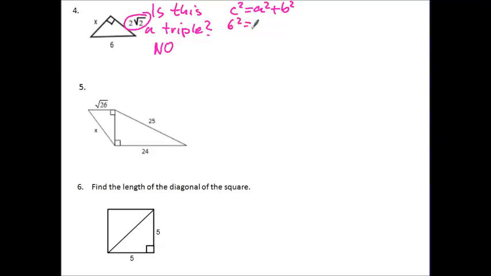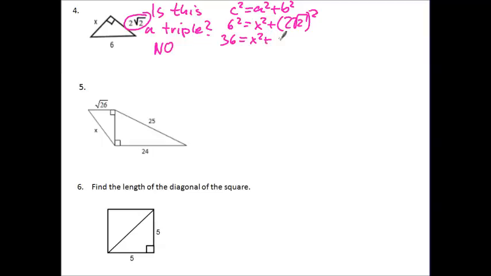6 squared is equal to x squared plus 2 times the square root of 2, squared. In other words, 36 is equal to x squared plus... Now, how are we going to square 2 times the square root of 2?